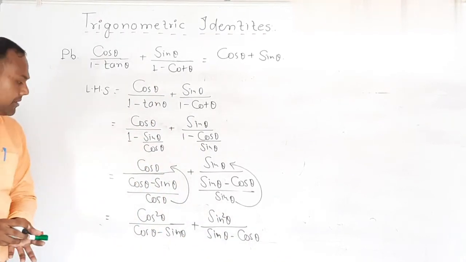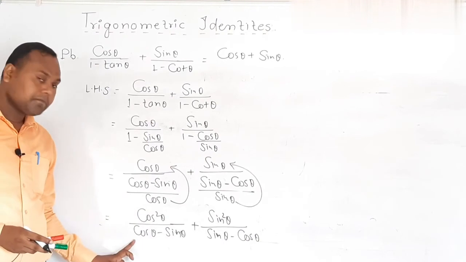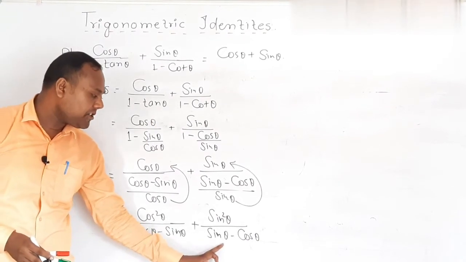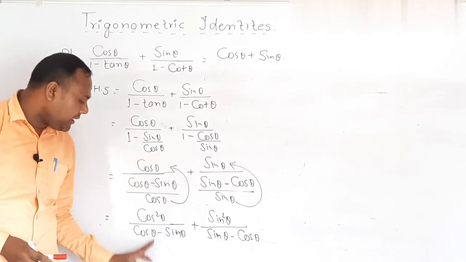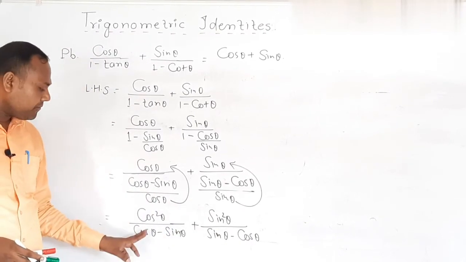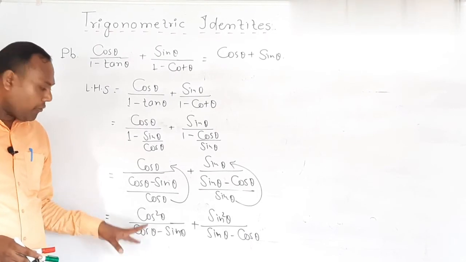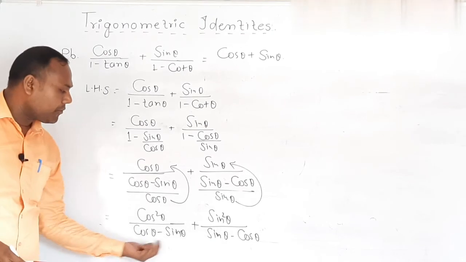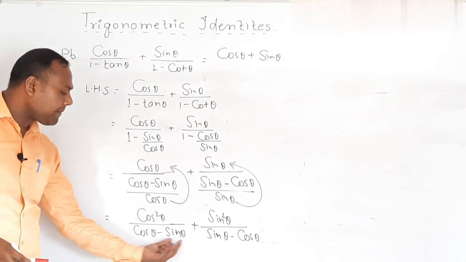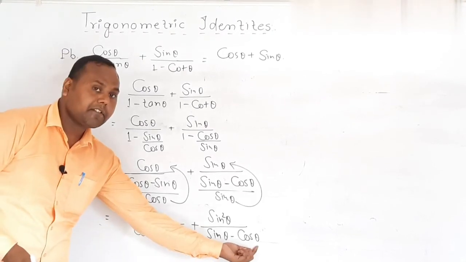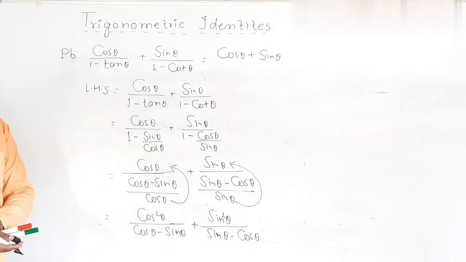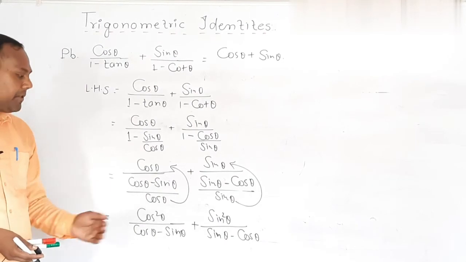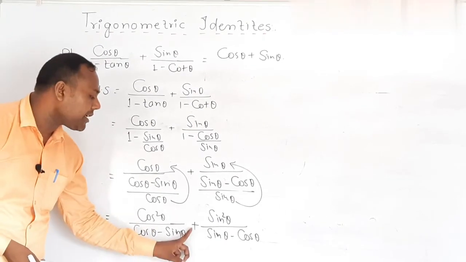Please concentrate. Cos square theta upon cos theta minus sin theta plus sin square theta upon sin theta minus cos theta. If we watch this denominator form, we have the altered term, that means cos theta minus sin theta, and here is sin theta minus cos theta. So we have to put them in the same form, and whenever we put into the same form, we have to change the sign.